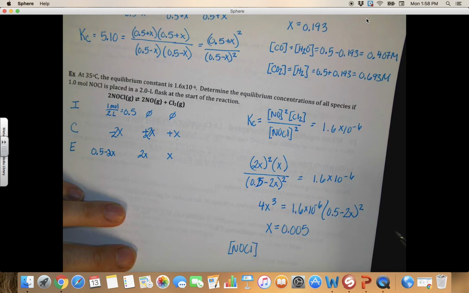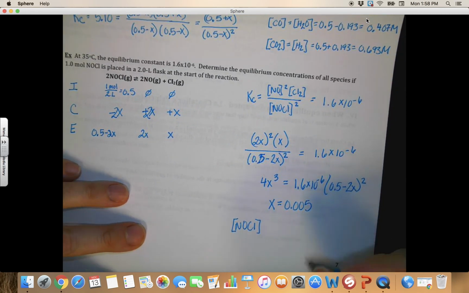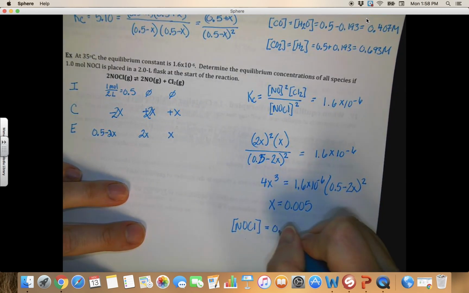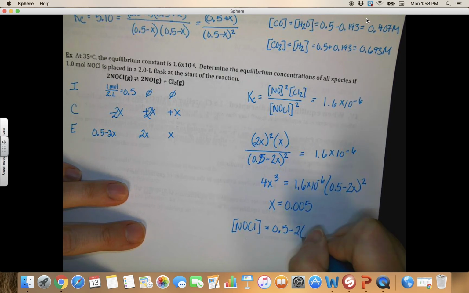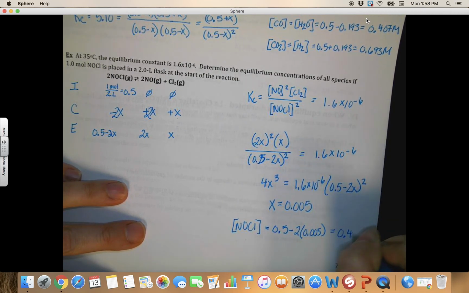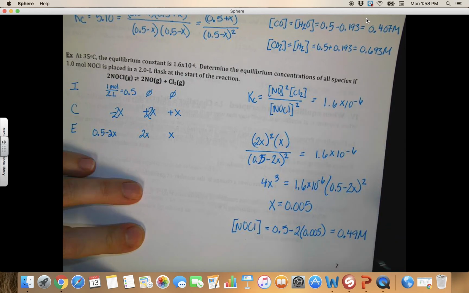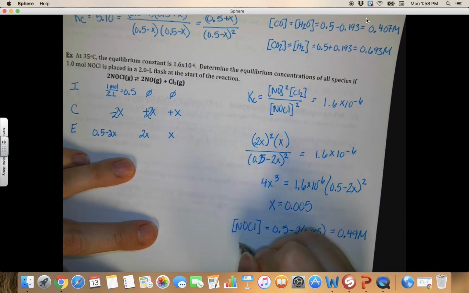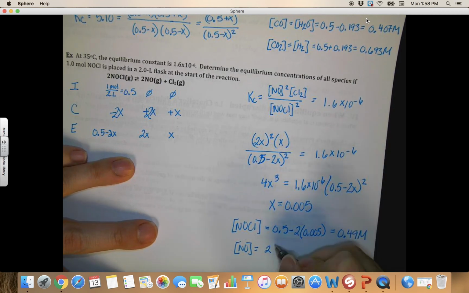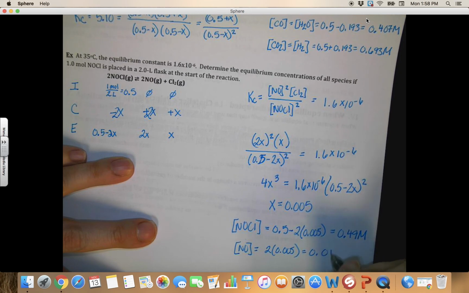So my concentration of NOCl is going to be 0.5 minus 2 times that 0.005, so 0.49. The concentration of NO is going to be 2 times x, so 0.01.